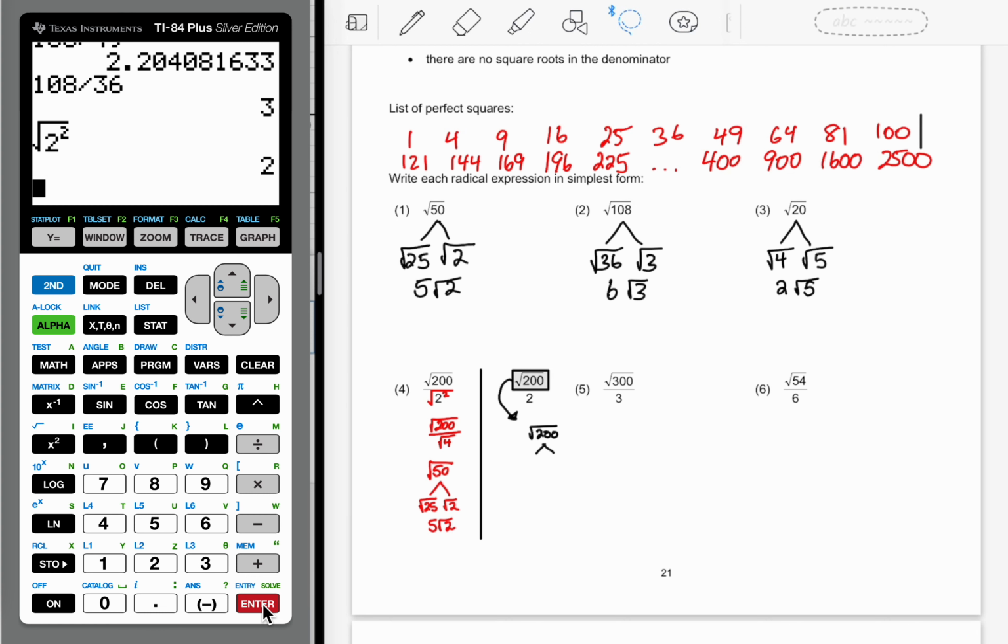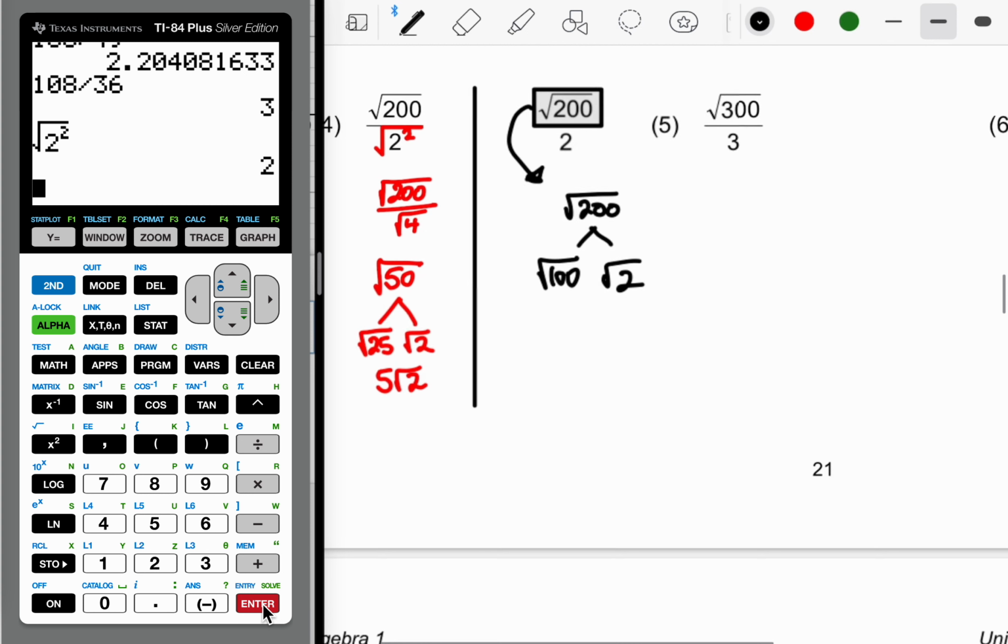And start working my way down the list from there until I find the first value that divides evenly into the 200. Works out nicely. That first value is 100. So I have radical 100, radical 2. Square root of 100 is 10. And I have my radical 2.